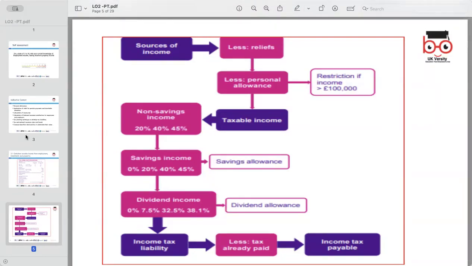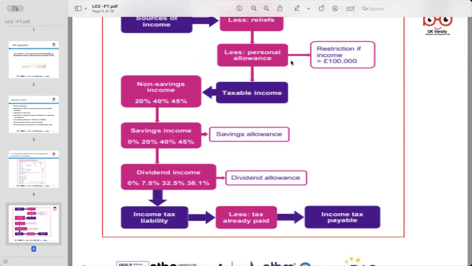Then relief: certain deductions, exemptions, or allowances may apply, reducing the taxable income. This includes deductions for expenses related to earning income, charitable donations, and pension contributions.